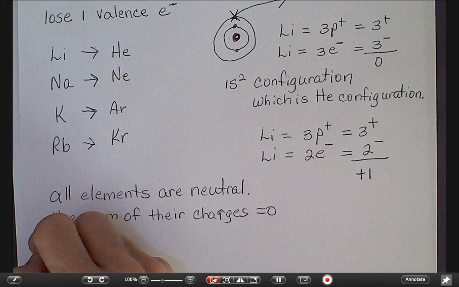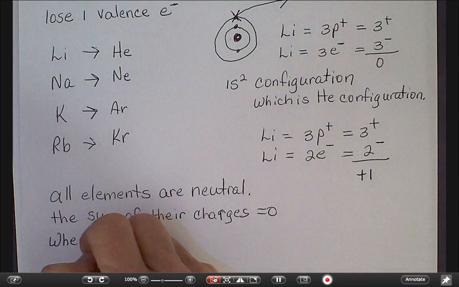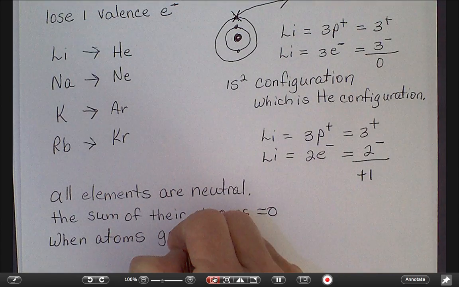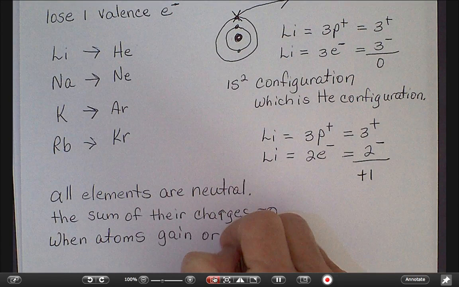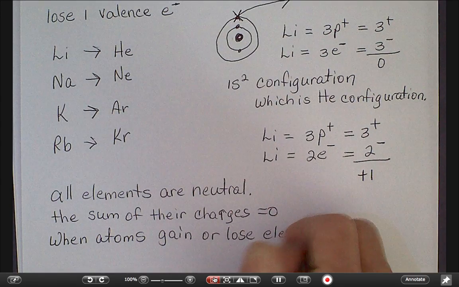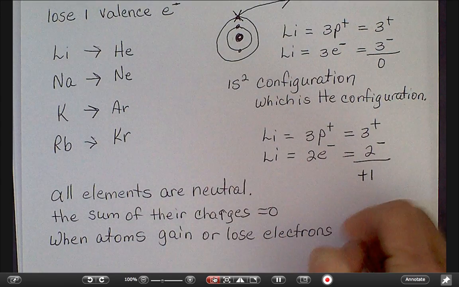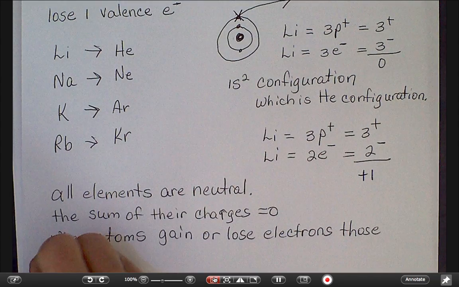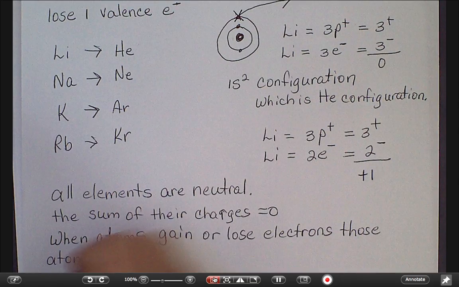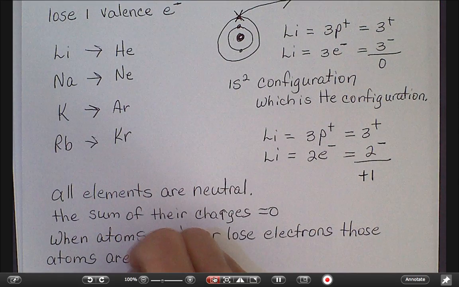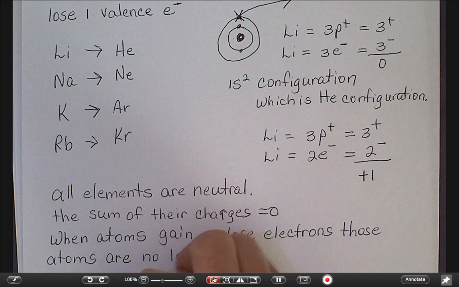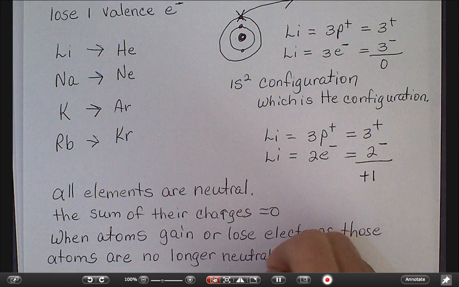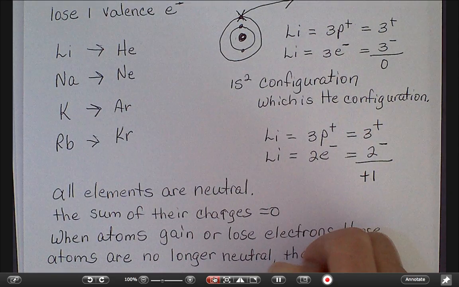When atoms gain or lose electrons, those atoms are no longer neutral. They have become ions.